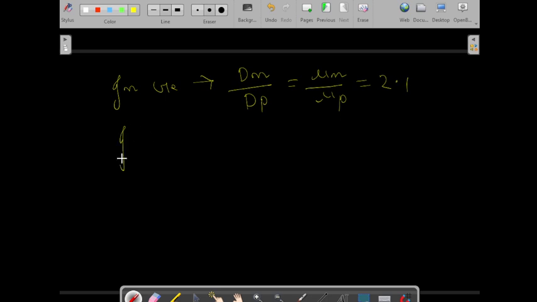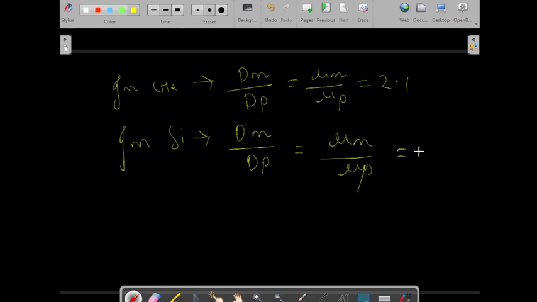In silicon, Dn by Dp equals mu n by mu p, and the value is 2.6.